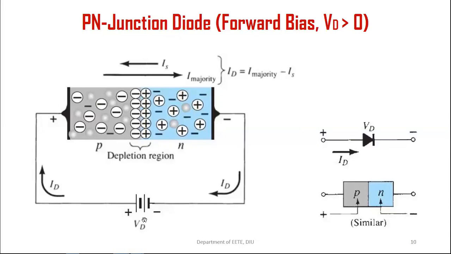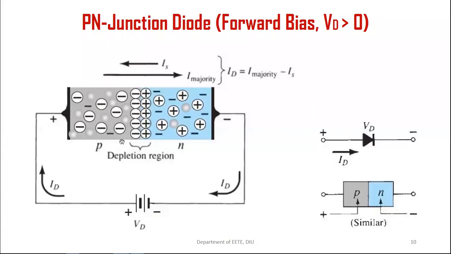So when VD equals 0.7 volt, there will be no depletion region available because it will give so much pressure to the hole to move from left to right, and the electron from right to left, so they will recombine, and the electron will flow from N to P.